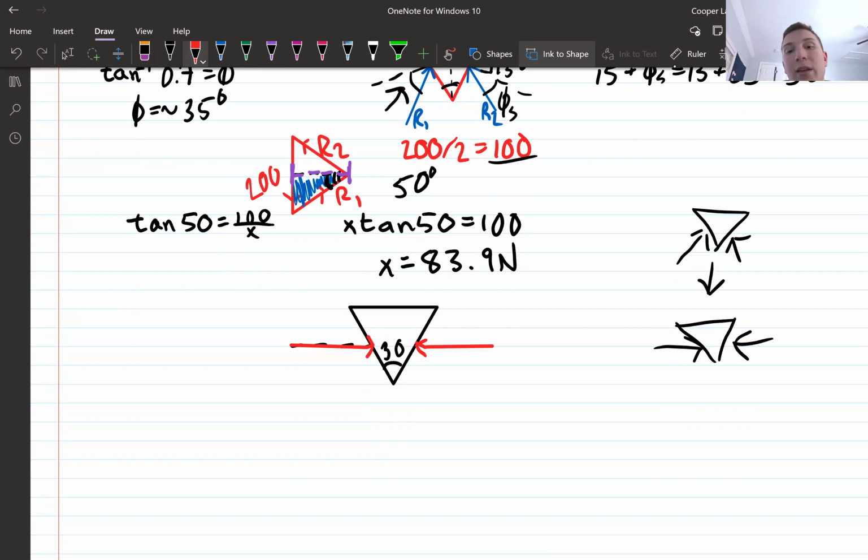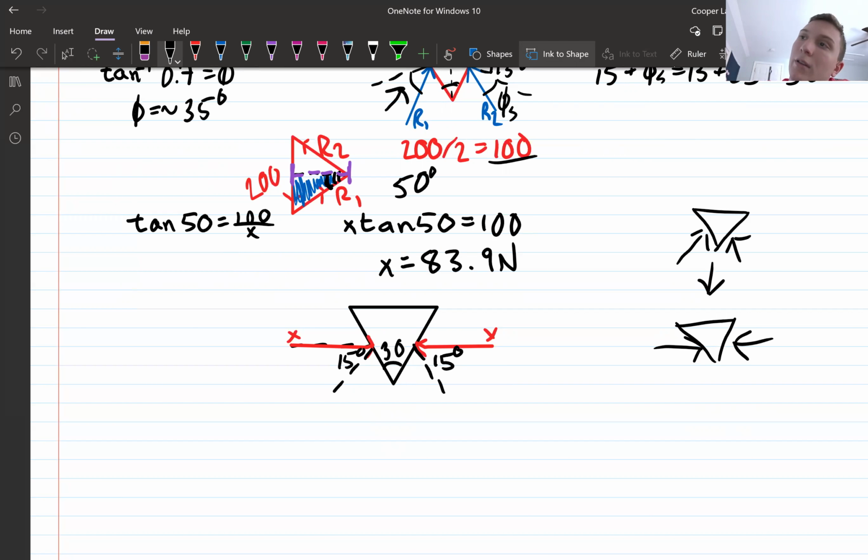We have forces coming in horizontally, and each of these are just going to be the x value. And then, of course, you still have the angle from here. And this angle here is going to be the 15. Not 50, sorry, the 15 degrees.